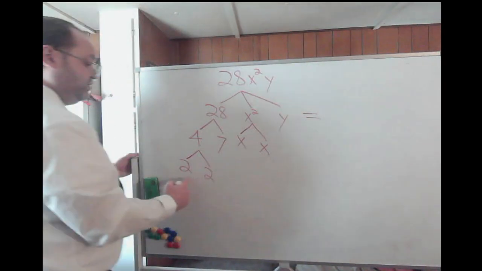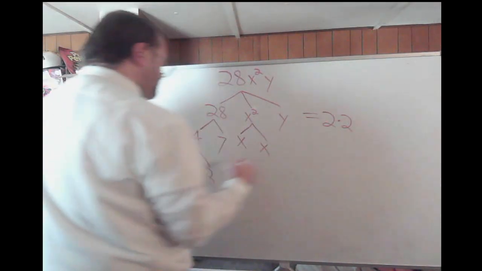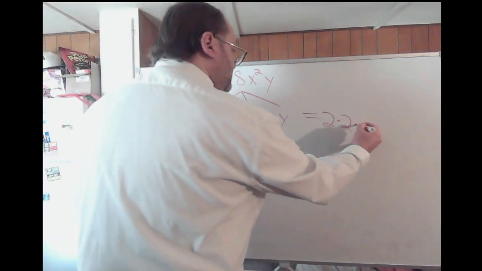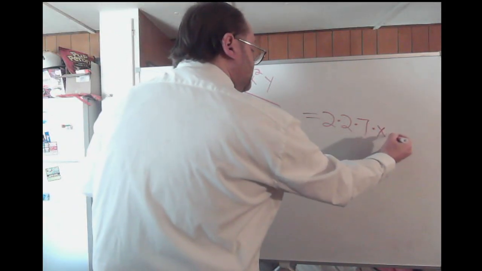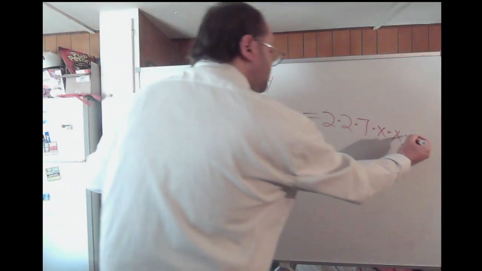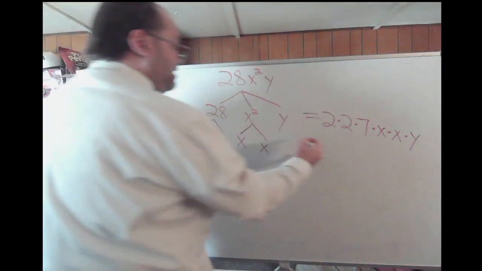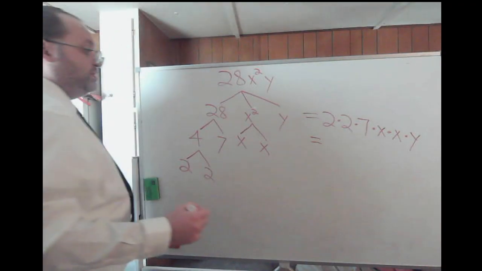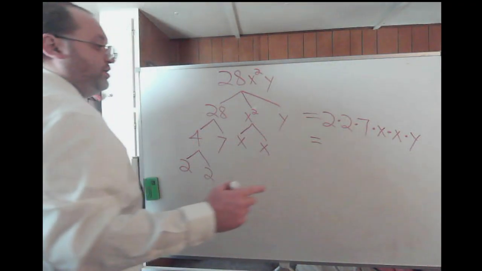Start from the left, you'll have 2 times 2 times 7 times x times x times y. So, in order to get a proper prime factorization, you're going to want to look for multiples of the same number.